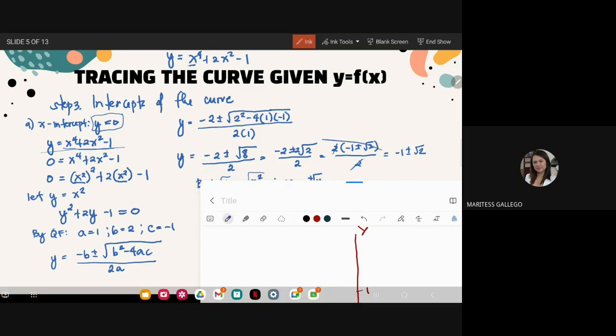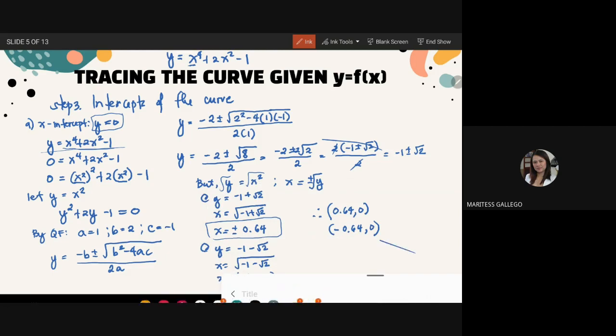Then let's go now to yung isa, y-intercept. Ano yung y-intercept natin kanina? 0, negative 1, if I'm not mistaken.